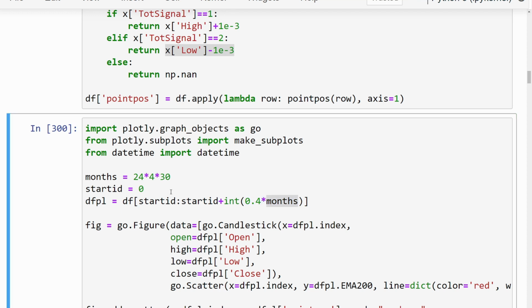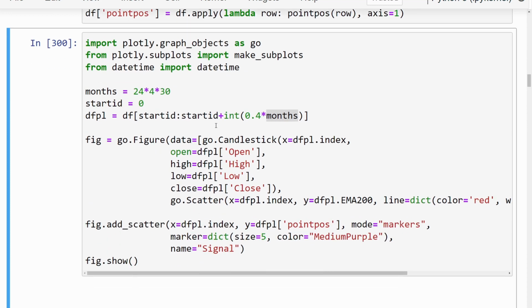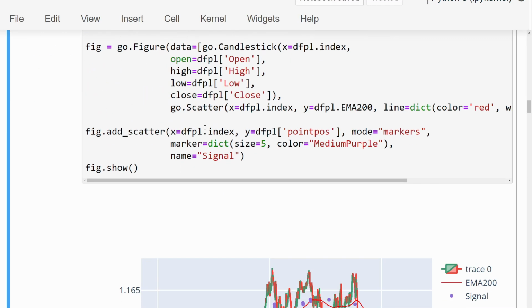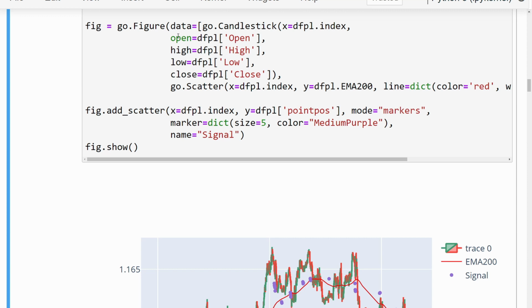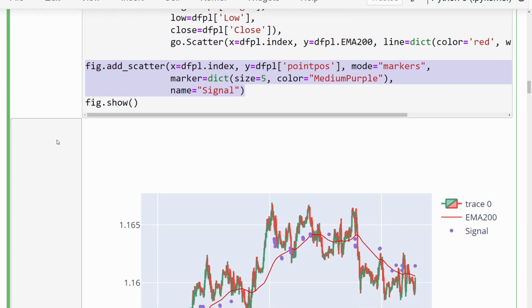Okay, so this is one way to do things. It's not the only way. You can have different methods to use these functions, but the most important for now is that I'm going to plot the candles, I'm going to plot the 200 EMA, and I'm going to add a scatter where the buying and selling positions are. So this is the total signal that we have added into our data frame.